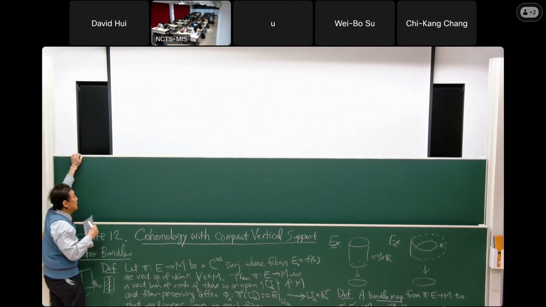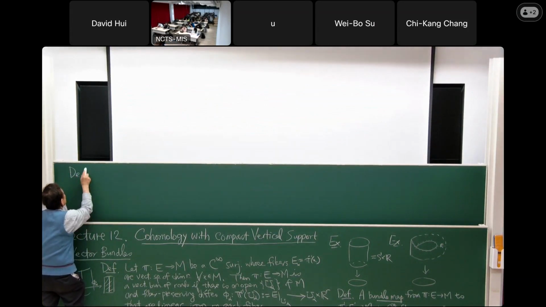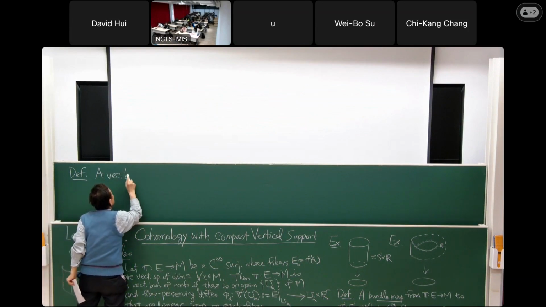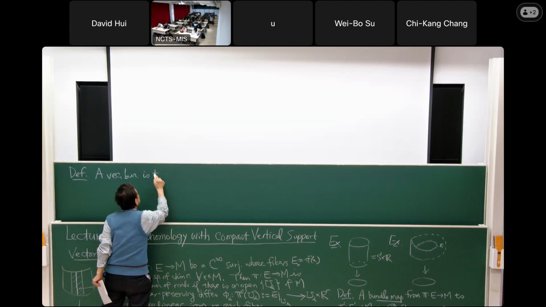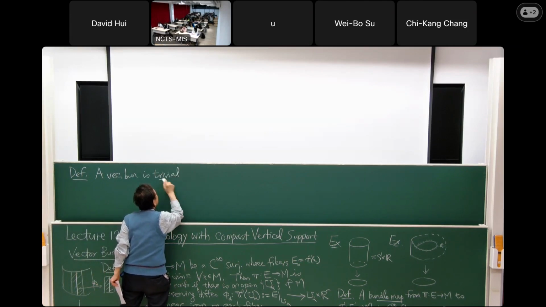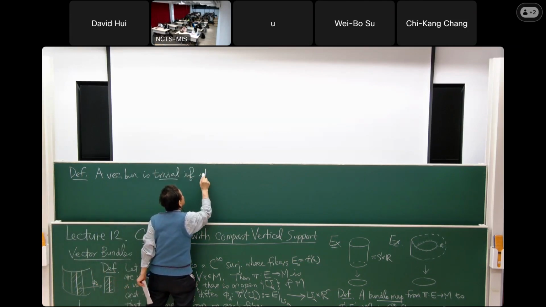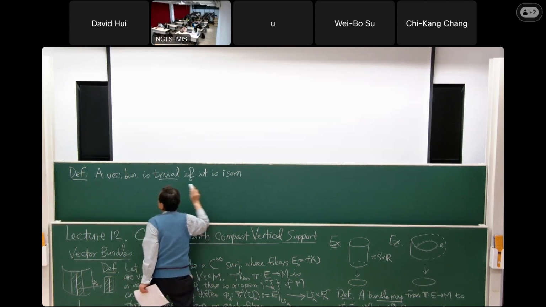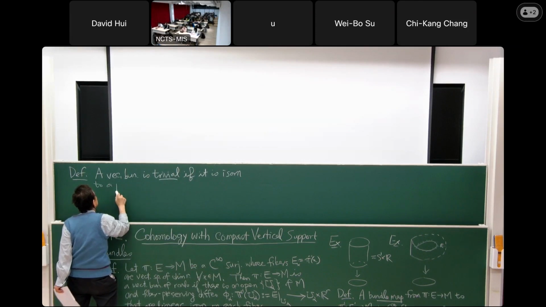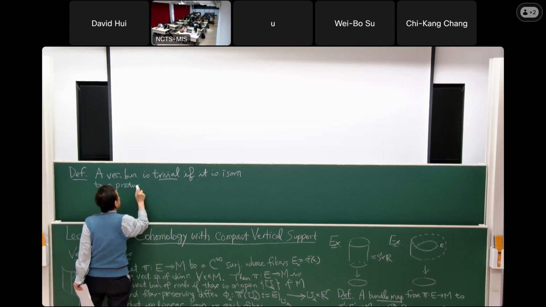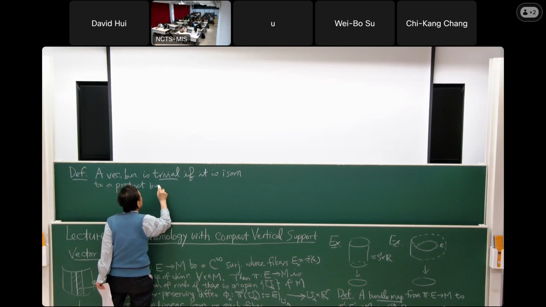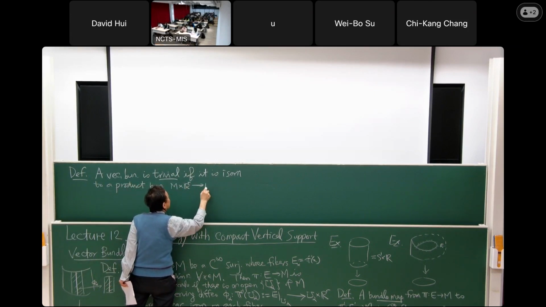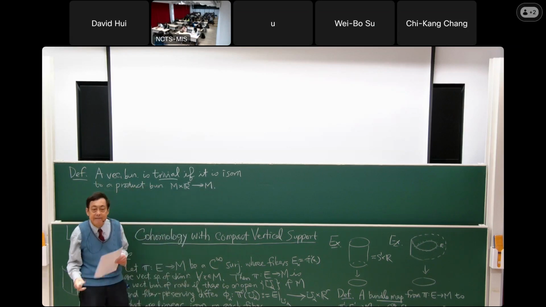And then you can talk about a trivial bundle: a vector bundle is trivial if it is isomorphic to a product bundle, say M cross R to the r projecting to M.